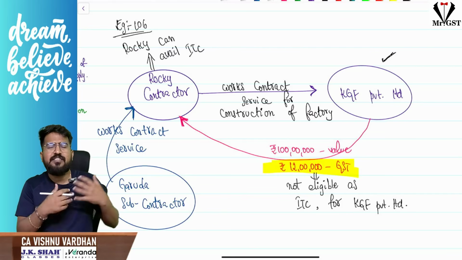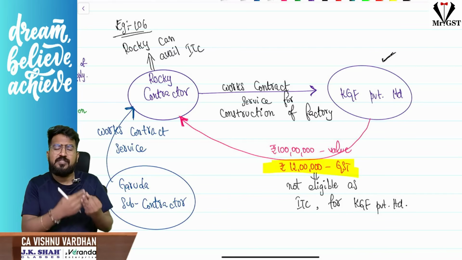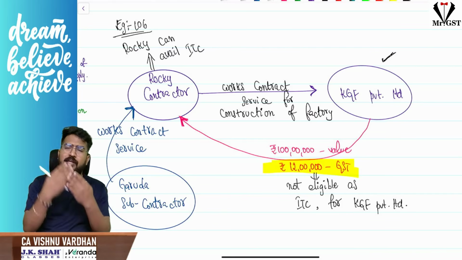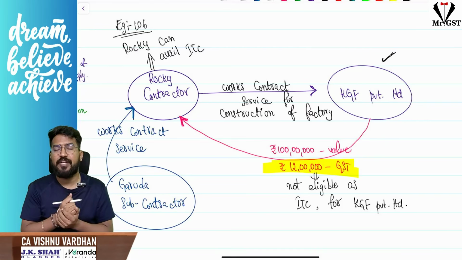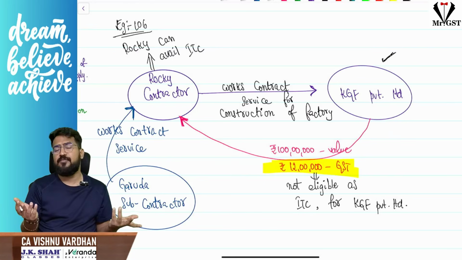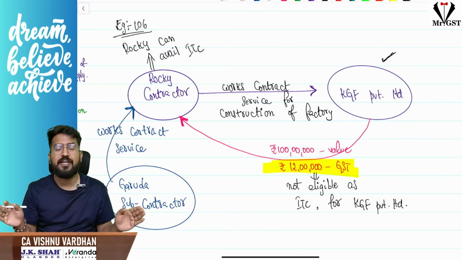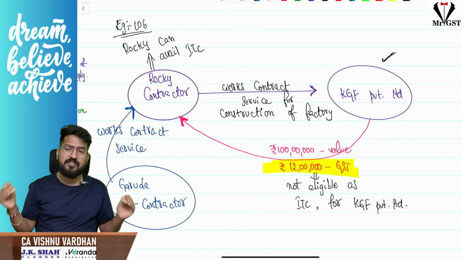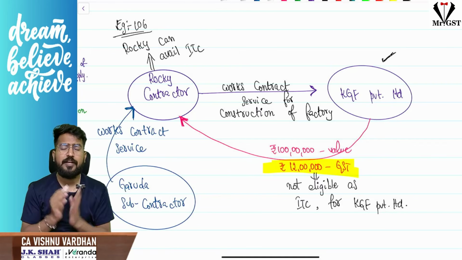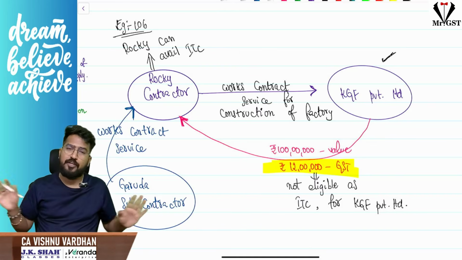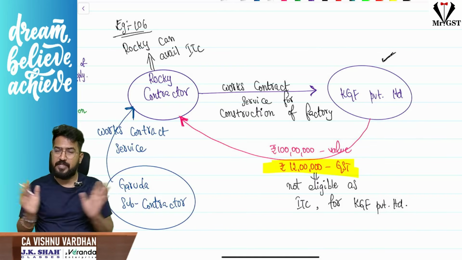Or imagine KGF factories are buying bricks on their own, cement on their own, iron and steel on their own, labor services on their own, everything, and doing construction on their own account, and they want to take ITC. Can they take ITC? No, sir, I'm sorry. Works contract services also you cannot take ITC. If you are buying the goods and services separately on your own account and you are trying to claim ITC, then also I will not give you ITC. That is the concept. Hope it is clear for you.